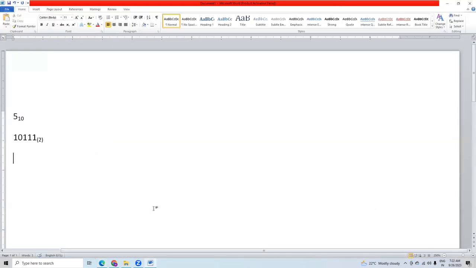See, this 1011 is there. How will it be represented? 1 into 2 to the power, plus 0 into 2 to the power, plus 1 into 2 to the power, plus again 1 into 2 to the power. This number is not having any decimals.